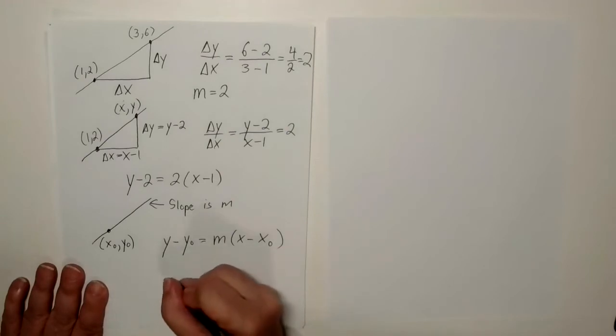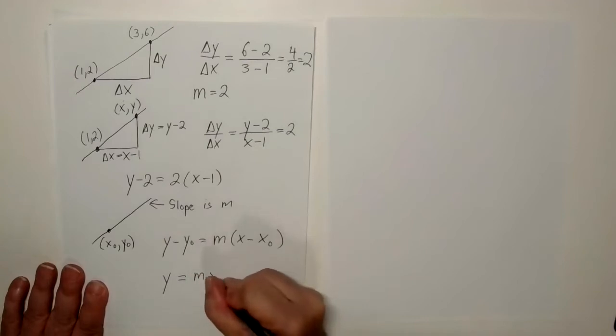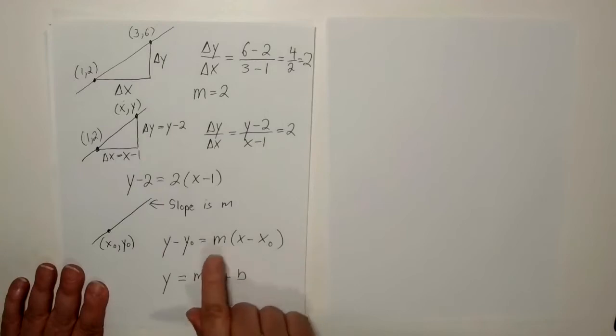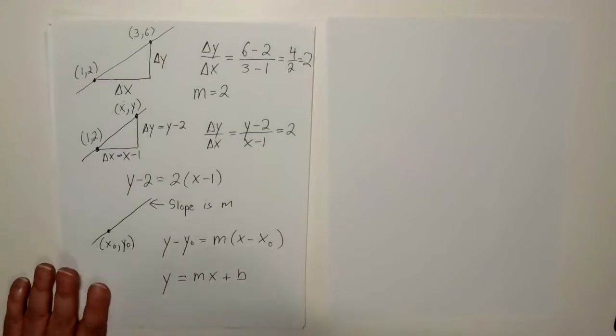Now you may be familiar with another form, y equals mx plus b, where these 2 m's are the same, they're the slope of the line. This is the so-called y-intercept. So slope-intercept can sometimes be useful, but in this course, point slope will be more useful more often because we'll have a single point and a slope, and we'll just be able to write things down without doing any algebra.